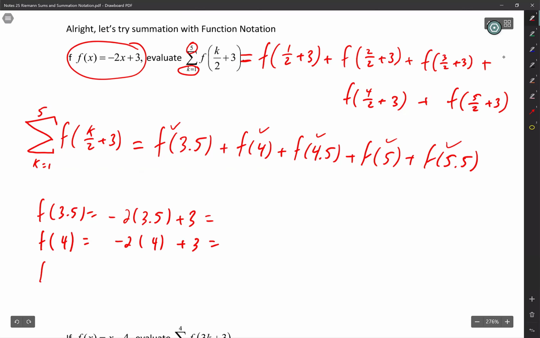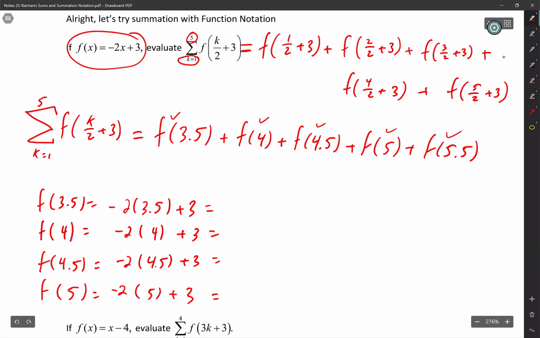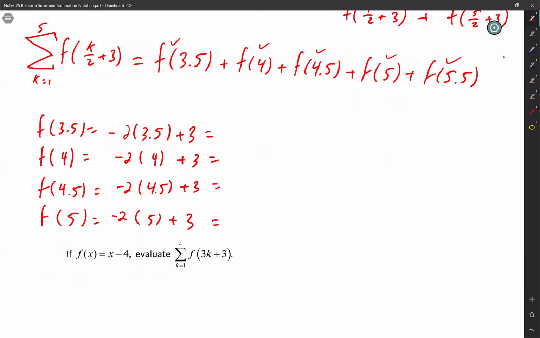I can do that one. f of 4.5, -2 times 4.5 plus 3. That one's another easy one. I guess they're all easy. We'll get them right now, guys.